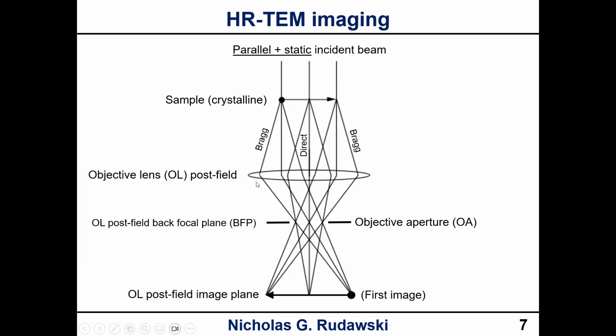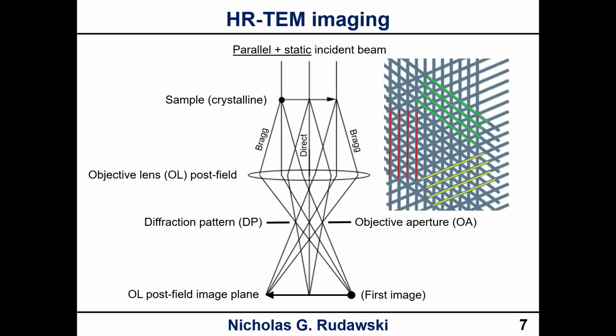It does the same thing with the two different sets of Bragg rays. So what I end up seeing here are actually three spots. This is where our objective aperture goes, at this plane. And this is also where we see the diffraction pattern from the sample. That's important as well.